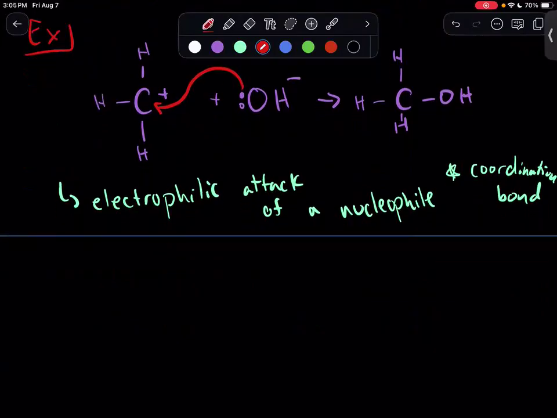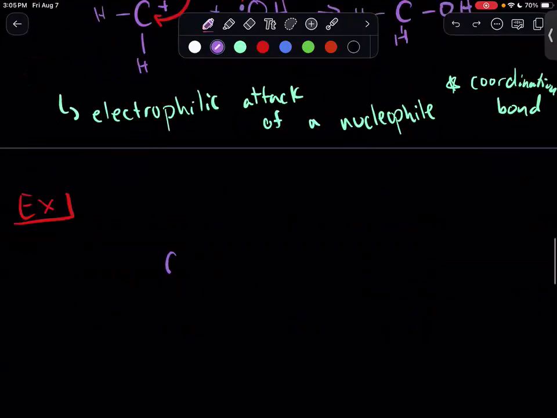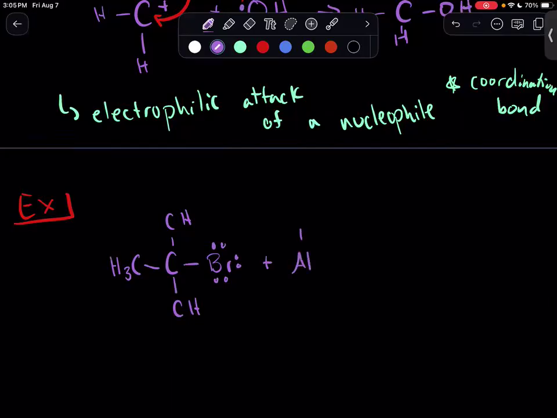So moving on to a third type, we're going to look at a neutral one of those incomplete octets. We'll go ahead and start with something a little more complex. And we notice here, while we do have differences in partial charges, we are trying to bond to aluminum tribromide.